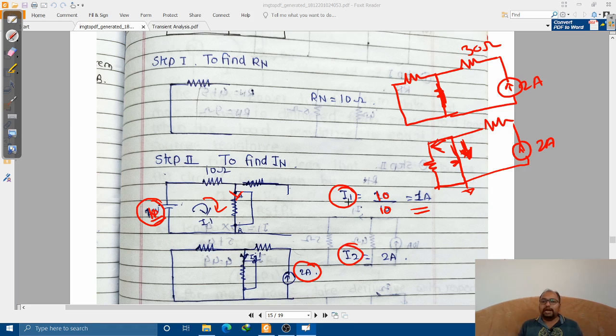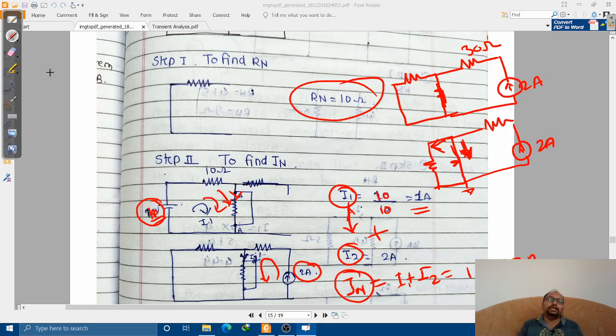This I1 and I2 we need to add, because this current is going to flow from top to bottom, and this also is flowing from top to bottom. Therefore IN, that is the Norton's equivalent current, is I1 plus I2, and 1 plus 2 is coming as 3 ampere. So finally this is your IN and this is your RN.